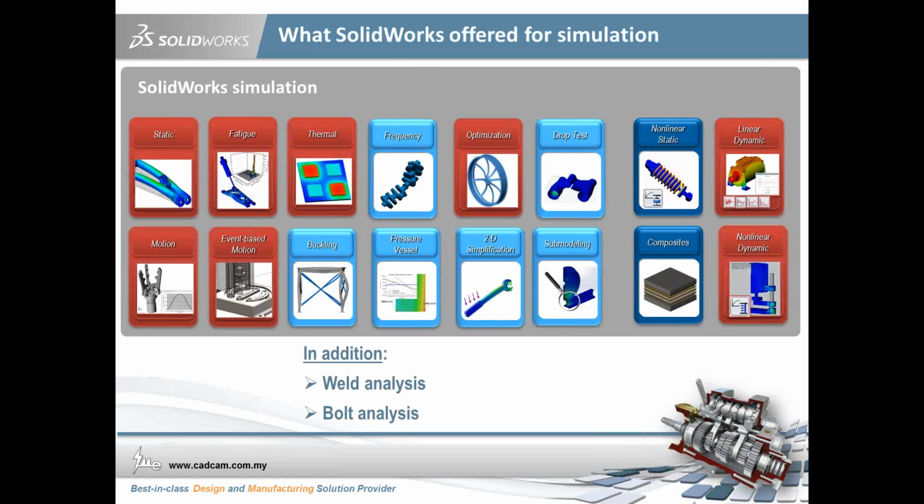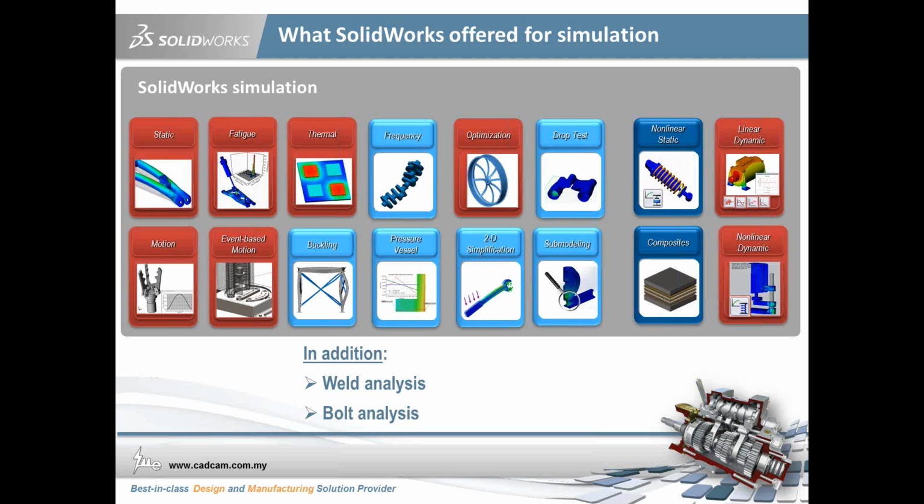So as a summary, this is what SolidWorks offers for simulation, and those in red are the recommended features for industrial machinery. Static analysis, fatigue analysis for warranty, thermal analysis for those involved in thermal stress. Optimization, definitely everyone needs this because you want to reduce weight and improve performance.